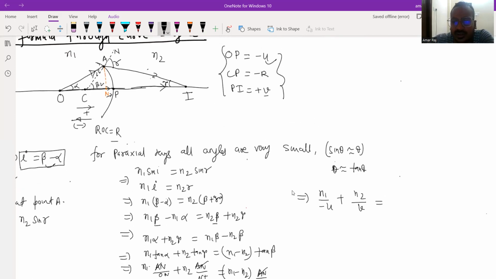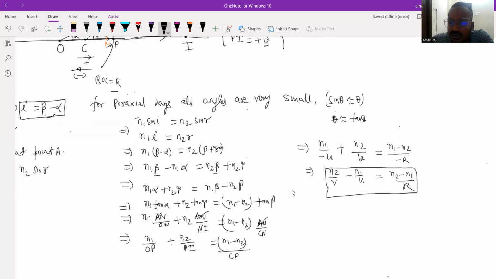CP is minus R. So you get N2 by v minus N1 by u is equal to N2 minus N1 by R. This is the relation we got, the formula.